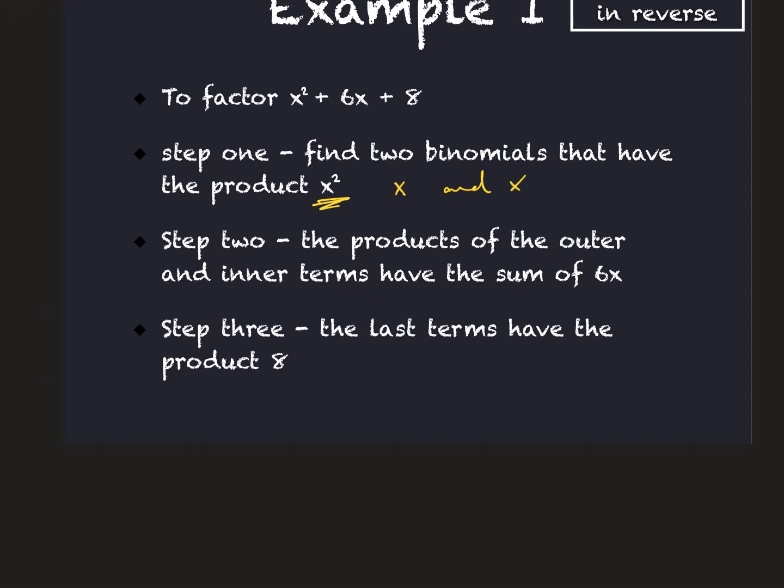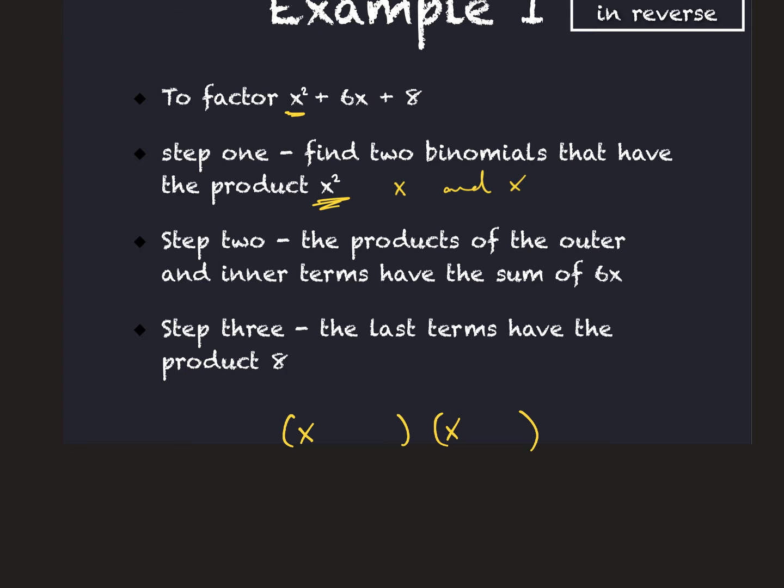Our goal is to take whatever our first trinomial is and break it into 2 parts. We said x squared is x and x, so that's going to be first in both of our groups of parentheses here.